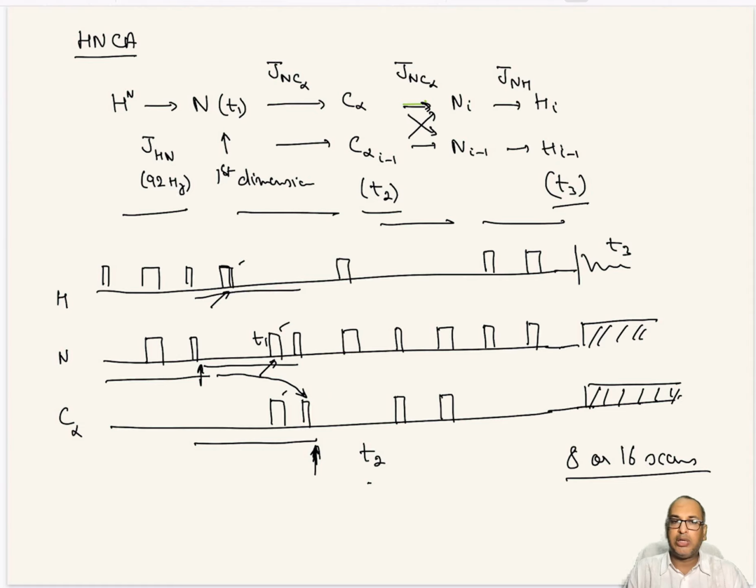Simultaneously, you also transfer from nitrogen to C alpha, and then carbon chemical shift evolution happens. Then you transfer back from carbon to nitrogen, and then from nitrogen to proton, right? And then again proton chemical shift evolution will happen. Now the magnetization transfer pathway is clear. I hope it is clear.